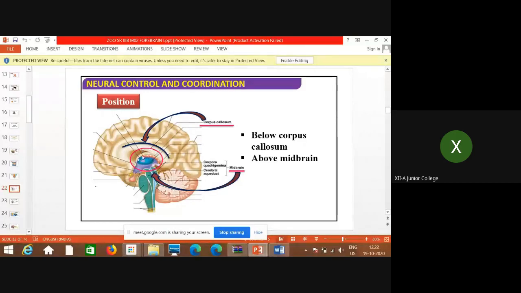It is below the corpus callosum and above the midbrain. Here is the small midbrain, and this arrow shows the location of the cerebrum. The cerebrum is present below the corpus callosum and above the midbrain.